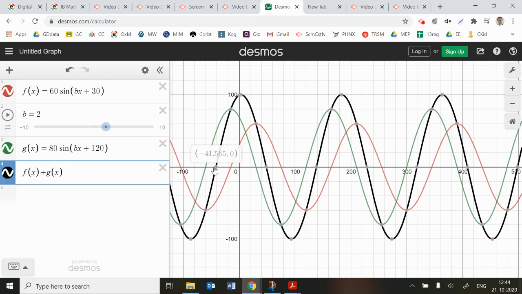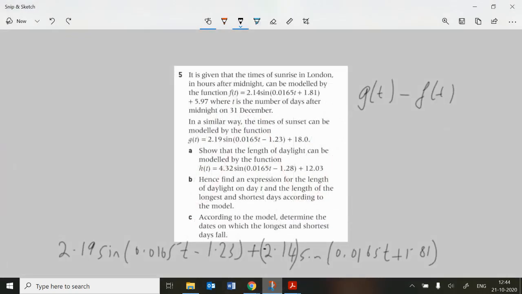So what I'm talking about here is if we've got h(x) is equal to r sine(ax plus alpha), this phase shift is not the same as the translation, which I think is what I mentioned earlier on. If we want to know what the translation is, we need to factorize the thing inside. So x plus alpha over a.